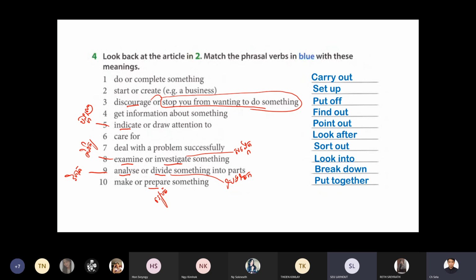Get information about something: find out. 5. Indicate or draw attention to: point out. 6. Care for: look after. 7. Deal with a problem successfully: sort out. 8. Examine or investigate something: look into. 9. Analyze or divide something into parts: break down. 10. Make or prepare something: put together.